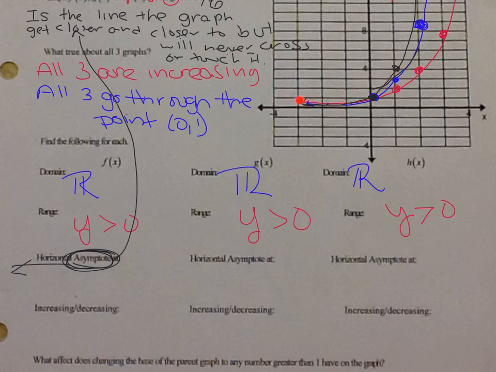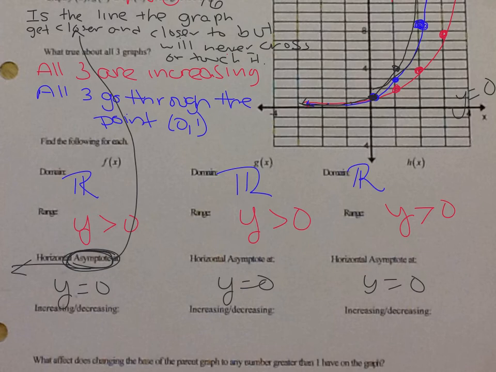So what is that equation? The x-axis is actually y is equal to what number? Do you guys remember? It's actually y is equal to 0. So for each one of these, because they're all the same type of parent function, it is y is equal to 0.